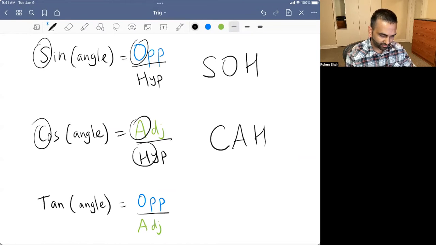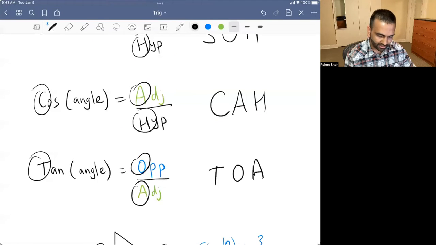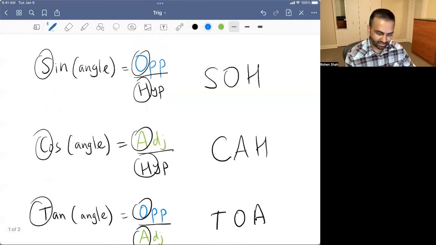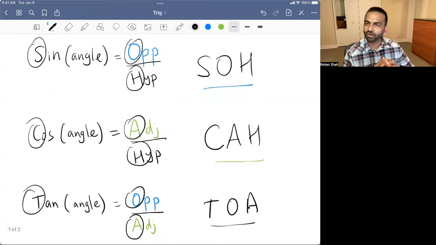Similarly, tangent is opposite over adjacent. T is opposite over adjacent. And if you say these out loud, it's like SOHCAHTOA. So if you've heard people saying SOHCAHTOA, that's what it is. It's a way to remember what the definitions are for sine, cosine, and tangent.